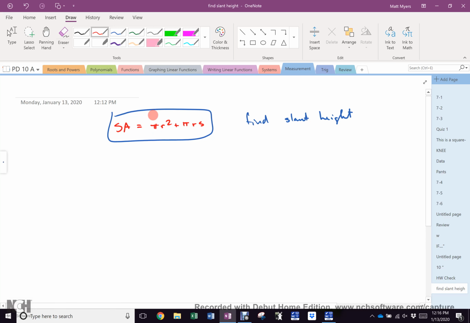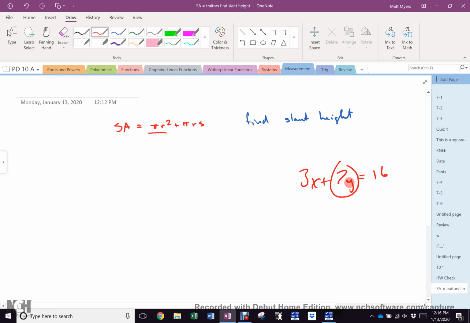Now, a great many of you will say, oh, that's pi times r, so I got to divide by pi r and r. Of course not. Because pi r squared is just a number, isn't it? Like 3x plus 2y equaled 16. That's just a number, yes? I don't care what y is. I'm looking for x. So that whole term has to move over here, doesn't it? So I get surface area minus pi r squared equals pi r slant. Now, this is like 16 minus 2y, 3x equals that.